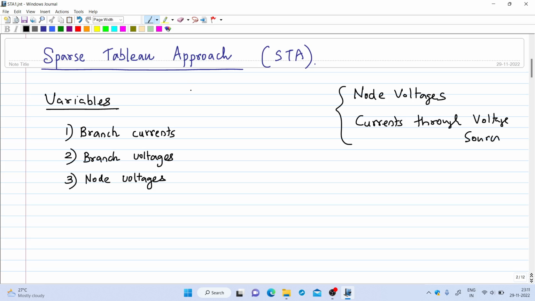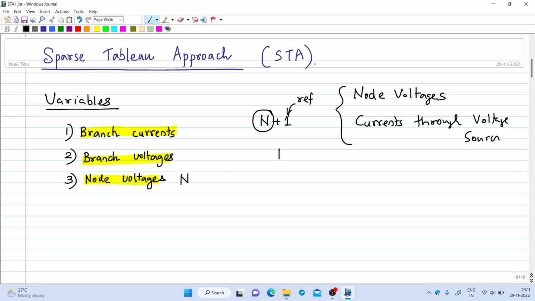Whereas in the Sparse Tableau approach, we will treat all branch currents, all branch voltages, and all node voltages except the reference node voltage as variables. So if there are n plus 1 nodes in a circuit including the reference node, then apart from the reference node there are n nodes, so we can have n node voltages.